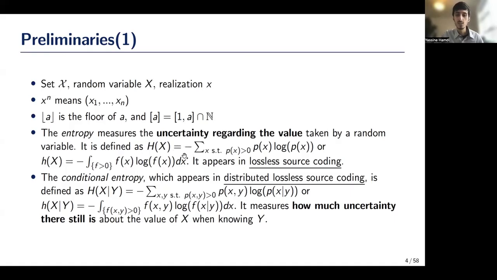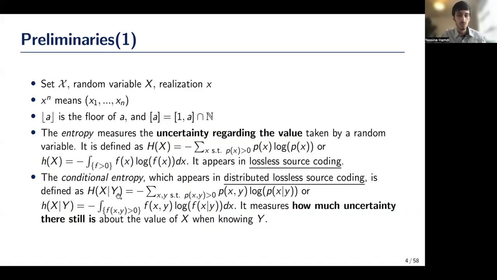The expression is not very important, and it's not what I'm going to use today, but it's an important quantity that appears in lossless source coding, or lossless compression. Imagine you want to compress an image but you don't want to lose any information. You want to recover exactly the original image without any loss. So we call it lossless compression.